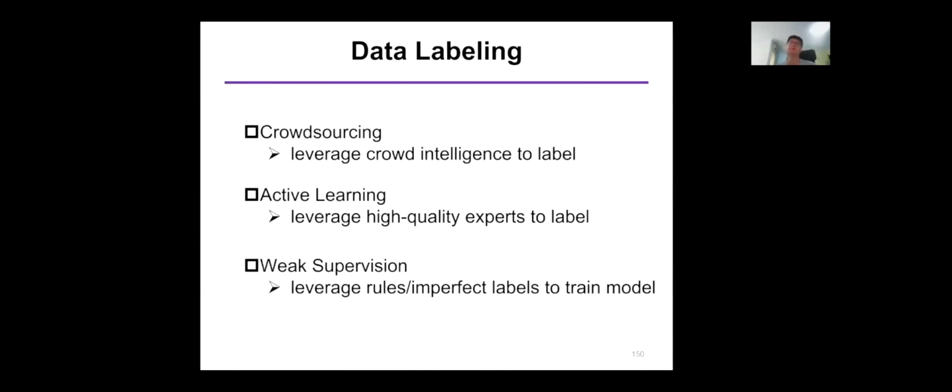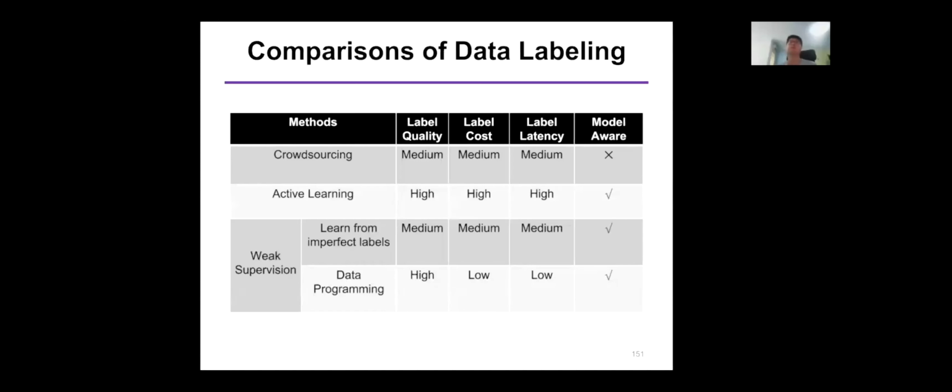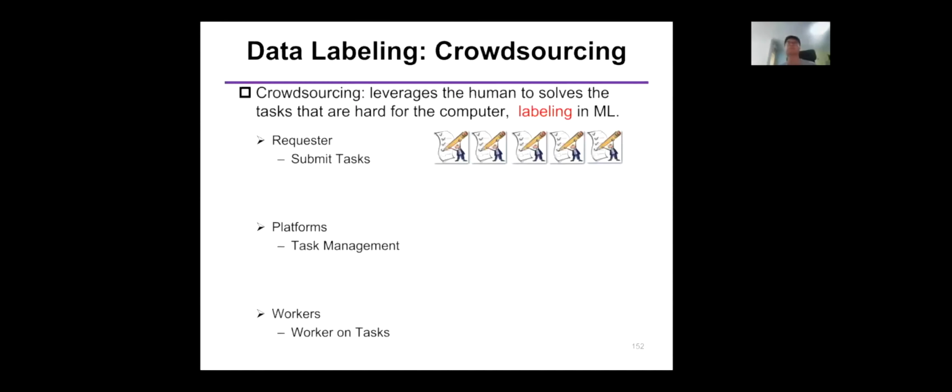And the final one is weak supervision, which leverages rules and imperfect labels to directly train the model. So here is the comparison of different data labeling methods. We compare them through the data label quality, label cost, and label latency, and whether it is for machine learning.